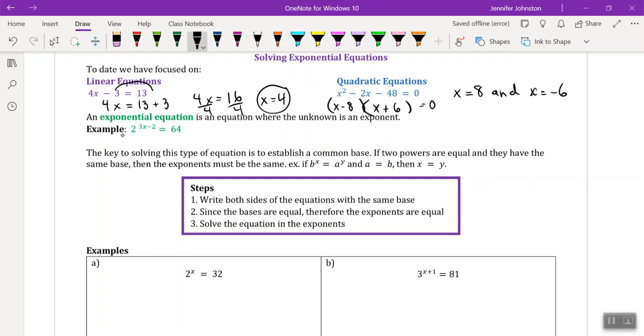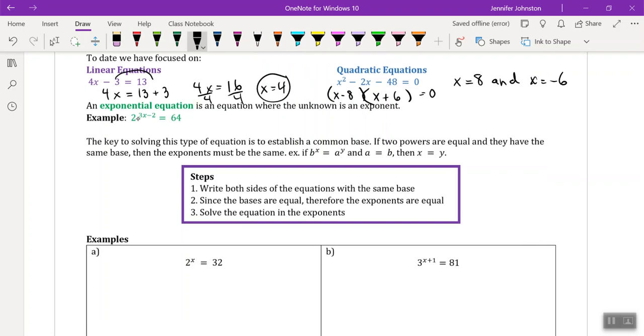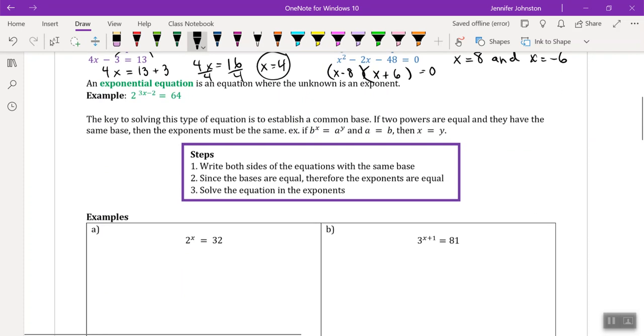Now we're going to go ahead and solve exponential functions. For exponential functions, all we're doing is trying to figure out, like, 2 to the power of what is 64. That's what we're trying to figure out. Sometimes it's easy to guess and check, but other times, when we're dealing with fractions, it's not that easy.